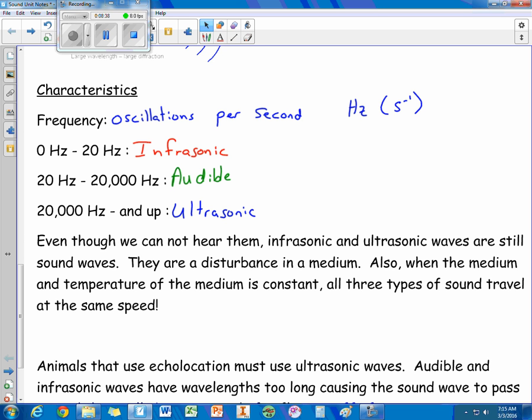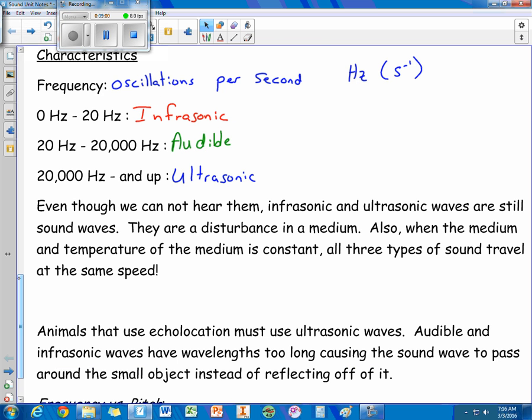Also, when the medium and temperature of the medium are constant, these sound waves are still a disturbance in a medium. So when the medium and the temperature are constant, these sounds will travel at the same speed. So what that means is, if everything is held constant, infrasonic, audible, and ultrasonic will all travel at the same speed.